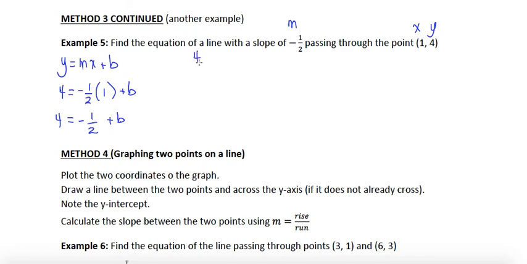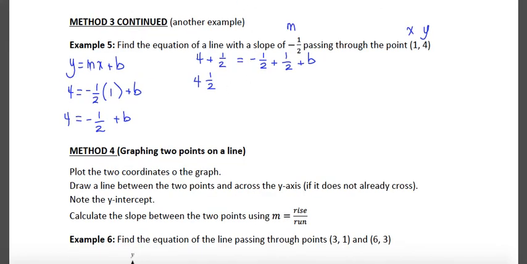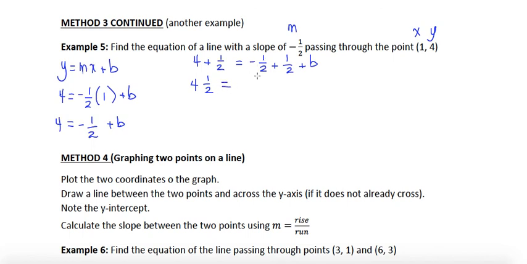So we have 4 plus 1/2 is equal to negative 1/2 plus 1/2 plus b. So we're left with 4.5 on the left-hand side. Negative 1/2 plus 1/2 is 0, which is what we want, and that's equal to b.